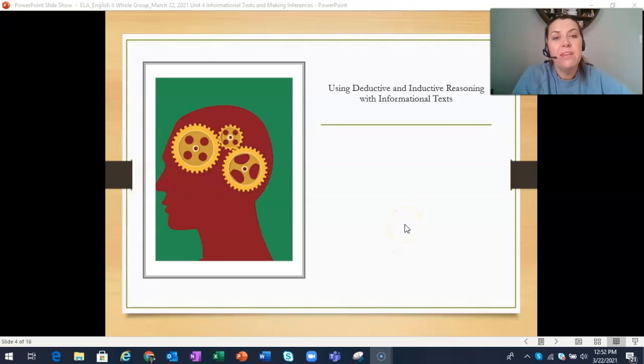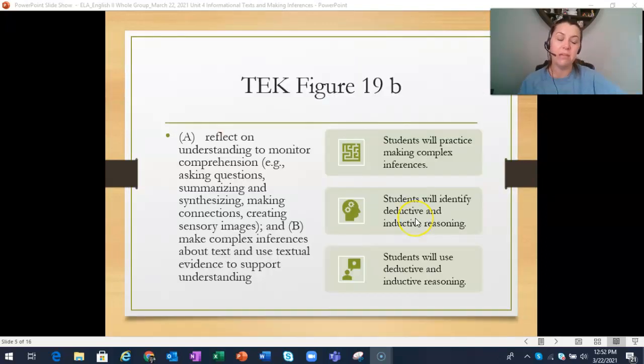So we use deductive and inductive reasoning with informational text, and we're going to talk about what that means. This ties back to what we call figure 19b, when we're talking about your TEKS, or the standards that you have to know for English 2. That's where this comes from.